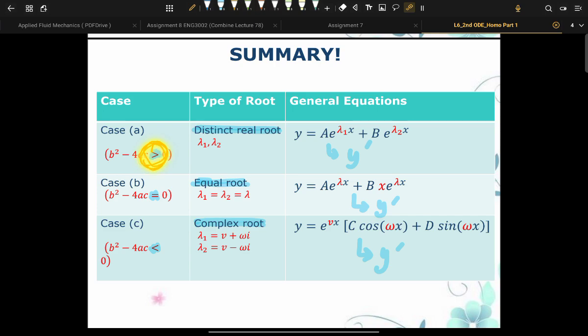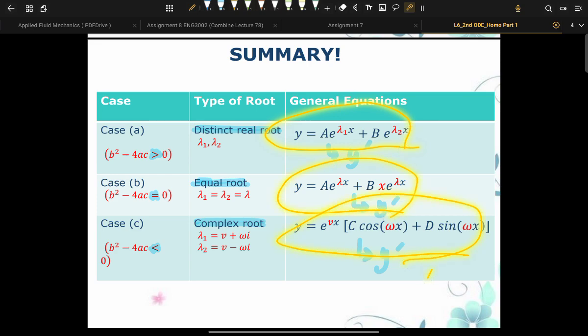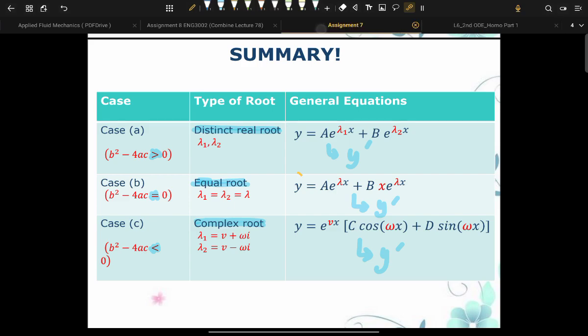If it is bigger, we have two real roots; if equal, we have equal roots; and if less than 0, we have complex roots, which are complex conjugates, plus minus. Then we need to understand the general equation based on the case, because different cases have different general equations.